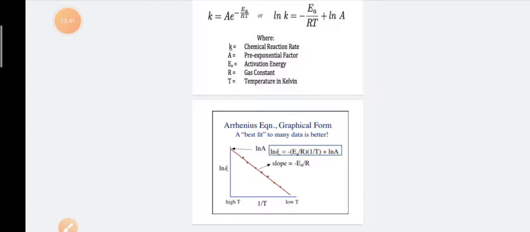In chemical kinetics, the graphs are very important, because there will be certain questions on the graphs as well, which carry 2 to 3 marks. At least 2 marks will be there. So it is very important that you know the graphs and understand them very clearly.